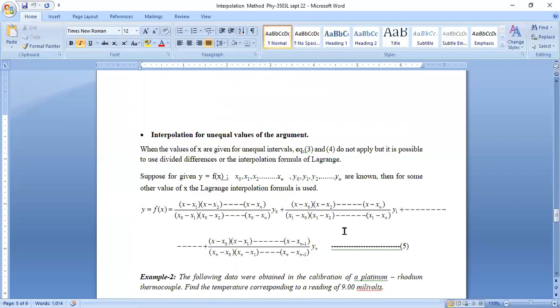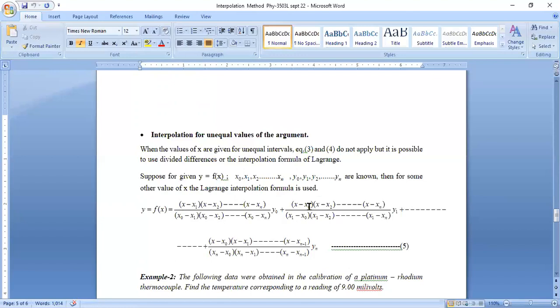This is the formula. You see y is a function of x, where you have x minus x1, x minus x2, and it will go up to x minus xn. Suppose n equal to 3, so you have to go x minus x1, x minus x2, x minus x3, right? So you have this first term into y0.